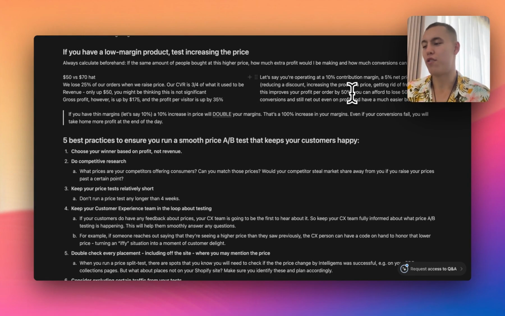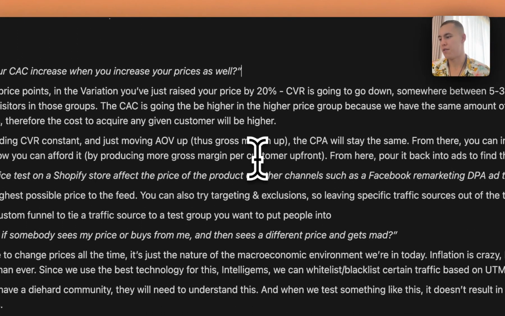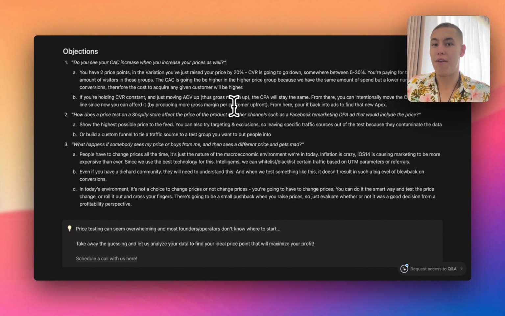And there's also a question that comes here. What if my CAC increases because I've increased my prices? And very simple. You have 2 price points. In the variation, you just raised your price by X%. Conversion rate is going to go down somewhere between 5 to 30%.